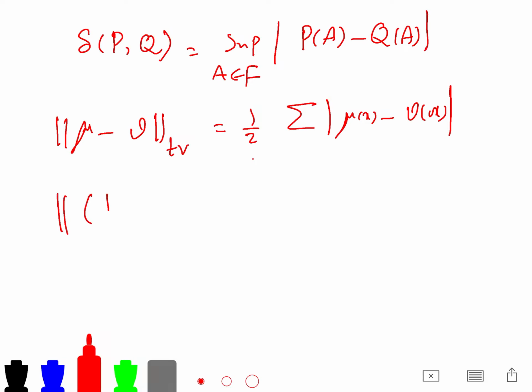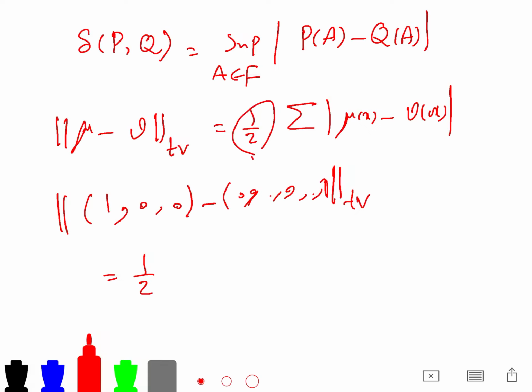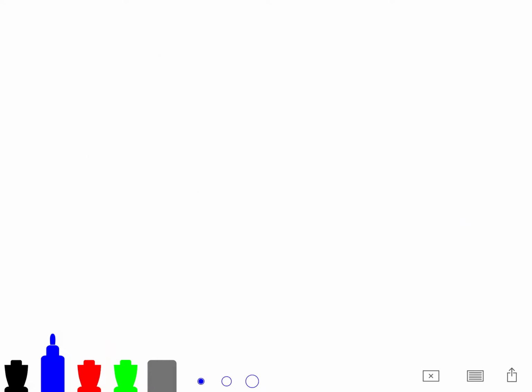For example, one has probability distribution 1, 0, 0, and the other has 0, 0.9, and 0.1. So what is the total variation? It becomes 1/2 times (1 plus 0.9 plus 0.1), which is 1. Think of this as the error, the remaining effort you need to do to get to your beautiful stationary distribution.